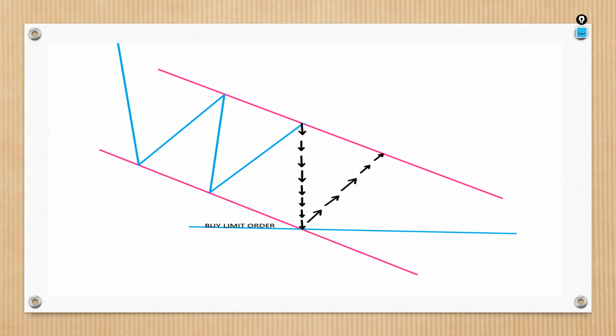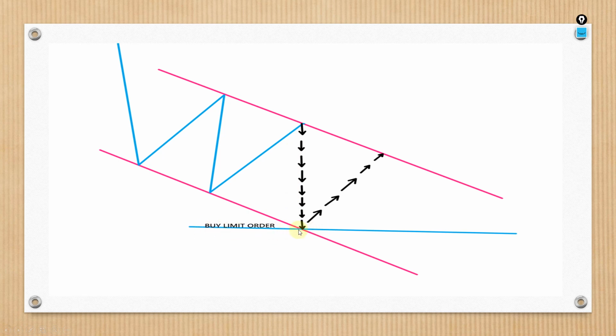Let me repeat. If price is currently going down and we are anticipating that it will reach a certain level, then once it touches that level, it will bounce off to start going up. So instead of just entering at whatever position just because we know it's going to go up, what we are trying to do is to minimize the risk. So we can use what we call a buy limit to set our buy limit order at that particular point.